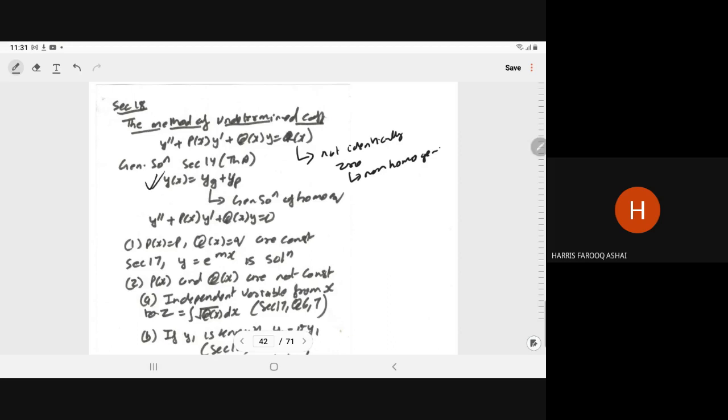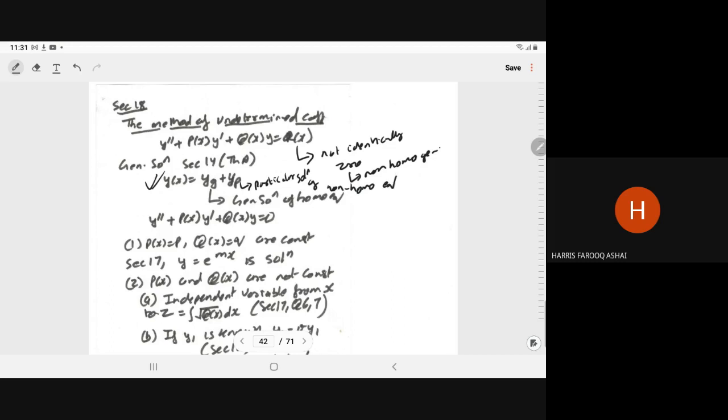yx equal to yg plus yp, where yg is the general solution of the homogeneous equation, and yp is the particular solution of the non-homogeneous equation.